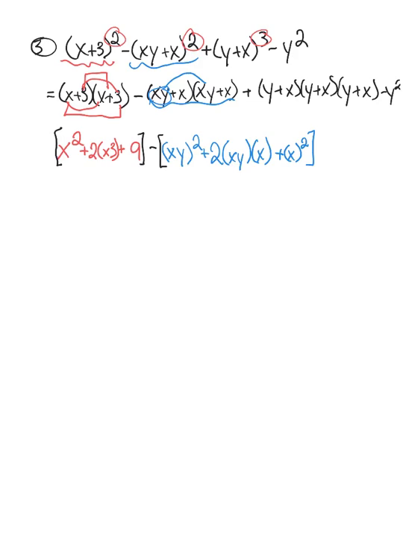And that works because, just like the last one, xy times xy will be xy squared. xy times x and xy times x would be 2xy times x. And to finish it off, x times x would be x squared.